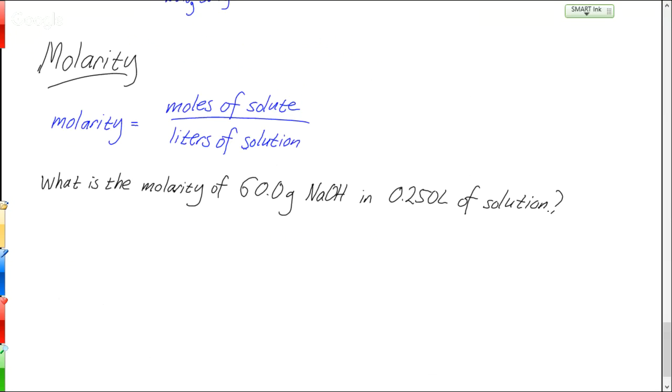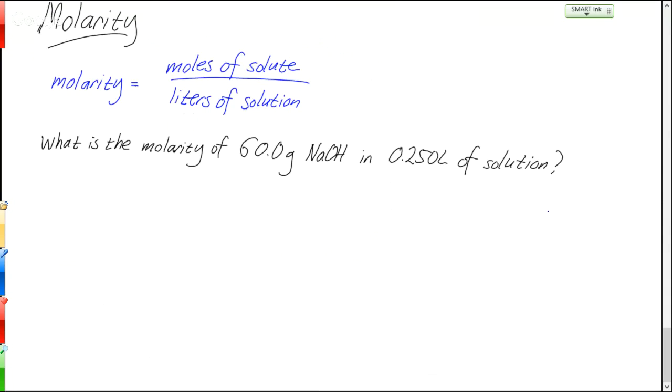If we're given 60 grams, how do we get that into moles? We're going to do a conversion. So we're going to go 60 grams, and we're going to multiply by a factor that cancels grams and gives us moles instead.